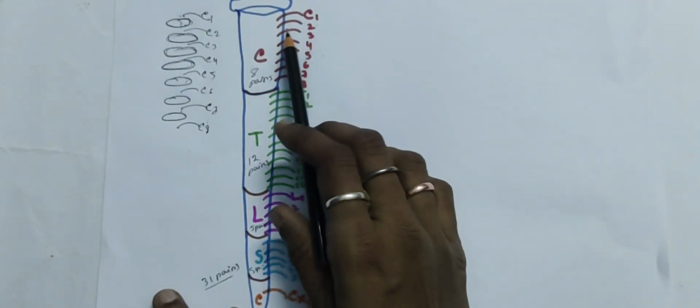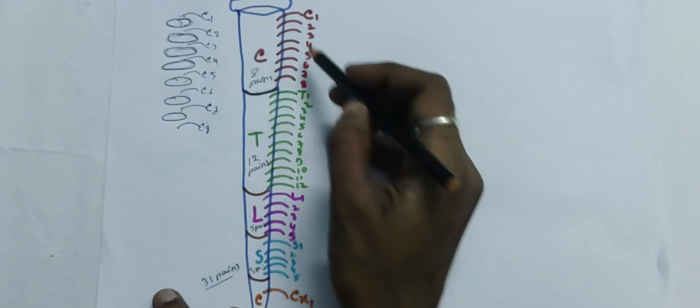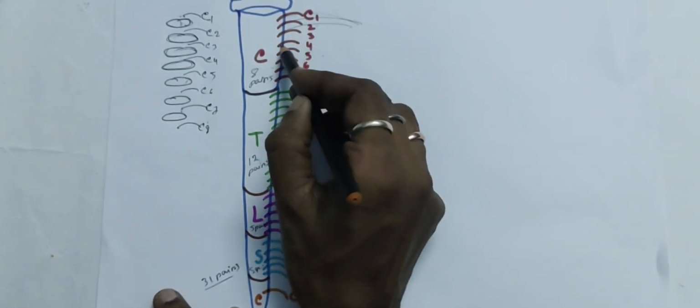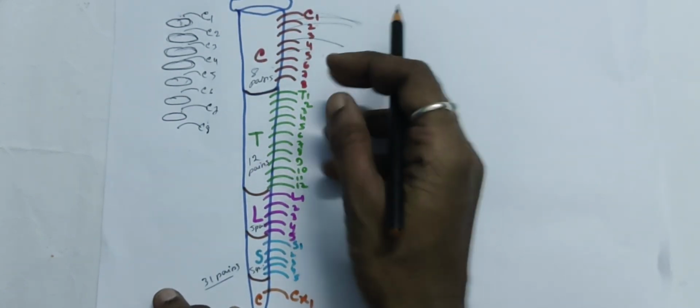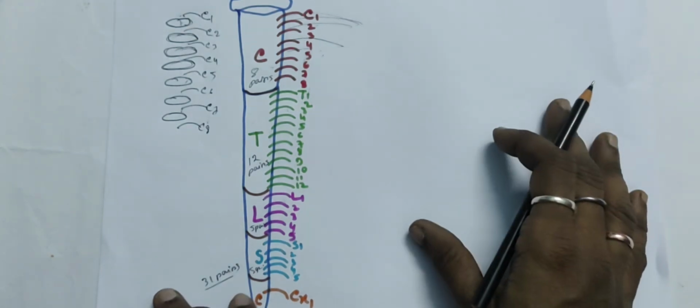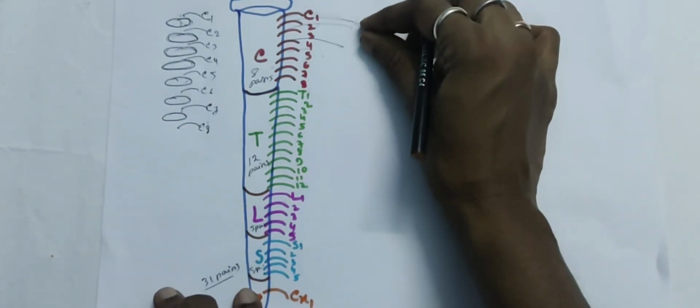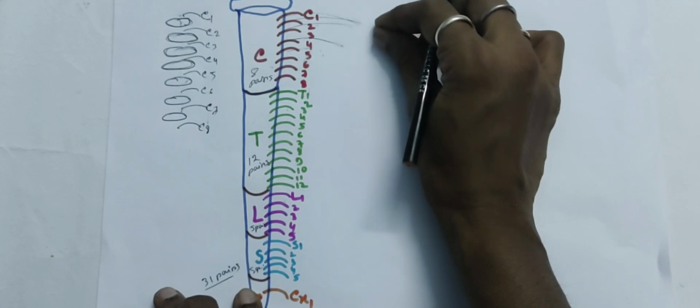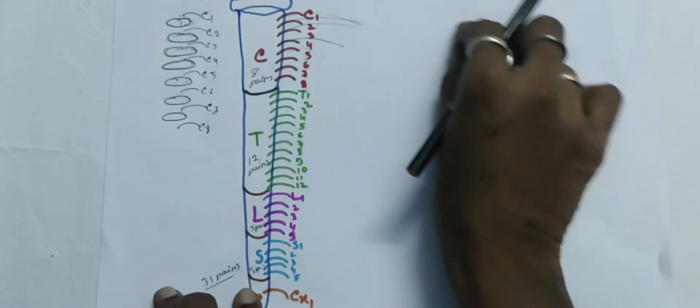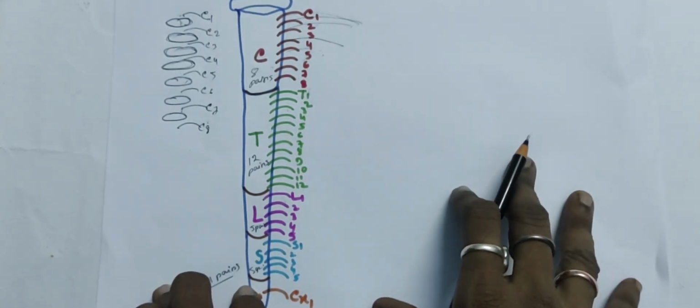Now what actually happens here? The nerves that emerge from the vertebrae form a plexus. Plexus means some nerves together form a bundle. That bundle is called the plexus, and then it goes to the respective body parts.